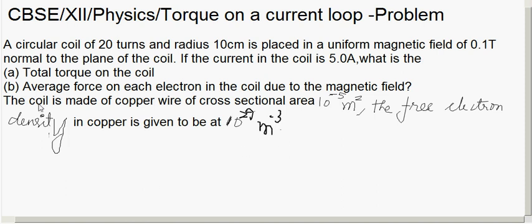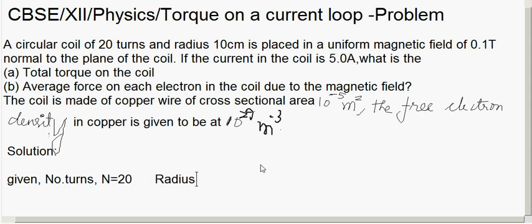Okay, so now a circular coil of 20 turns and radius 10 centimeter is placed in a uniform magnetic field of 0.1 Tesla. First we will write down the given things. Given: circular coil of number of turns N is equal to 20, and radius of the coil 10 centimeter.